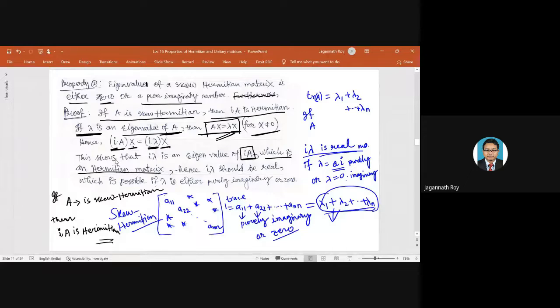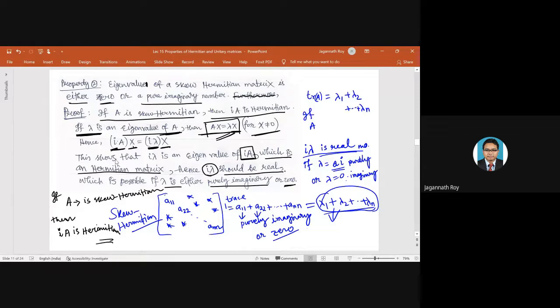Now if you use the previous theorem that a Hermitian matrix has real eigenvalues, that means i times lambda is a real value.